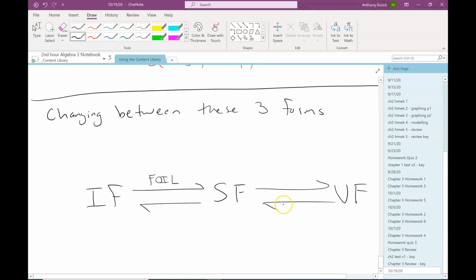To go from Standard Form to Intercept Form, we're going to factor. And then to go from Standard Form to Vertex Form, we're going to do a process called completing the square. I abbreviate that as CTS because, well, that's too many letters for me to write all the time.